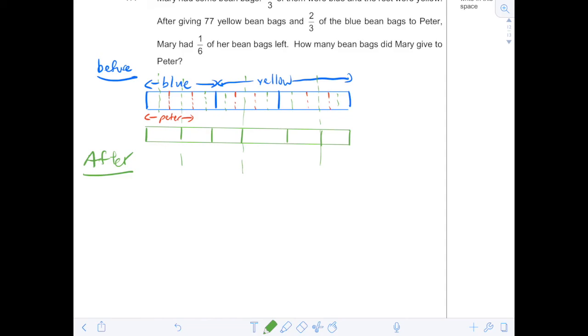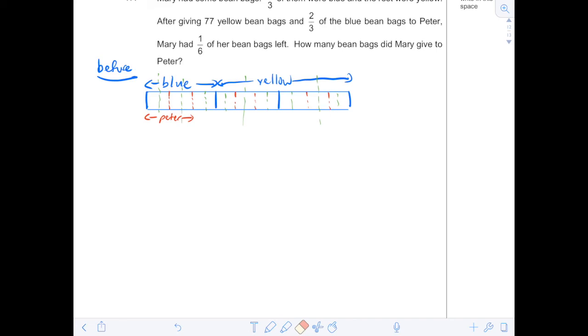Now that I got this, I'm going to get rid of the bottom model first. So now we have this model here, and we can see that we have split it a lot of times because of the after model as well. And it said that 1/6 of the bean bags were left.